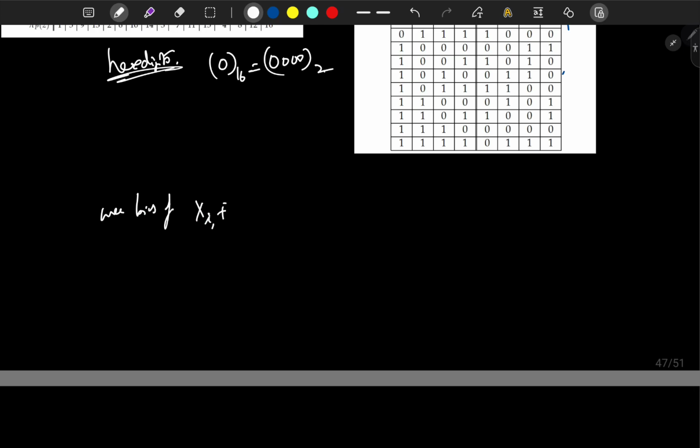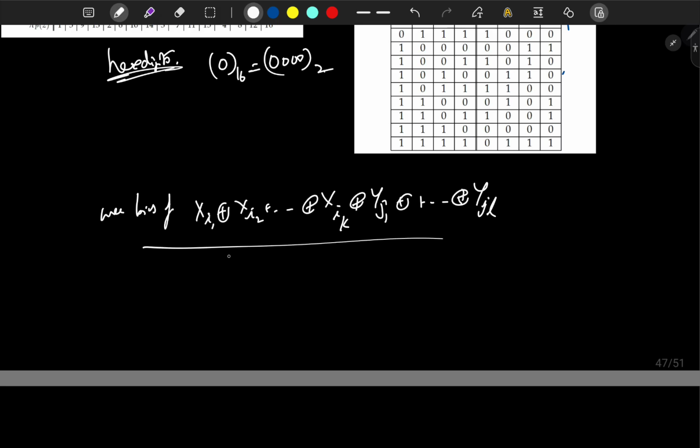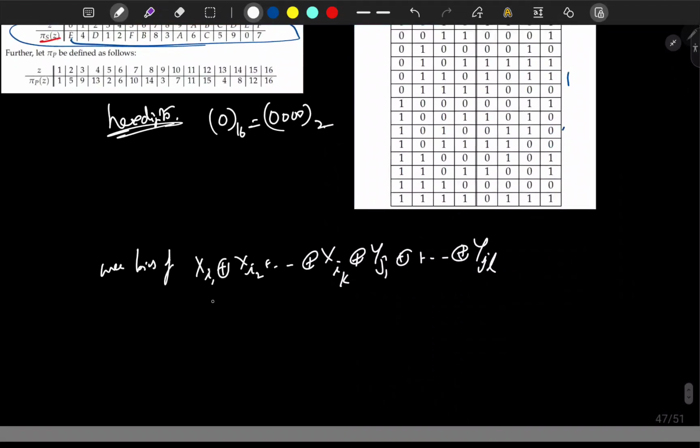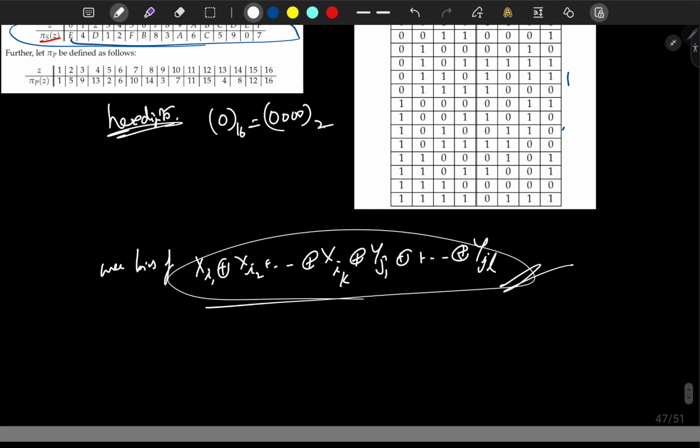Suppose we have a random variable like x1, x2, and so on, some xi, and so on, y j1 and so on, some y jl, some index k, let's say. From these concepts we can easily compute this bias. Okay, happy? Nice.